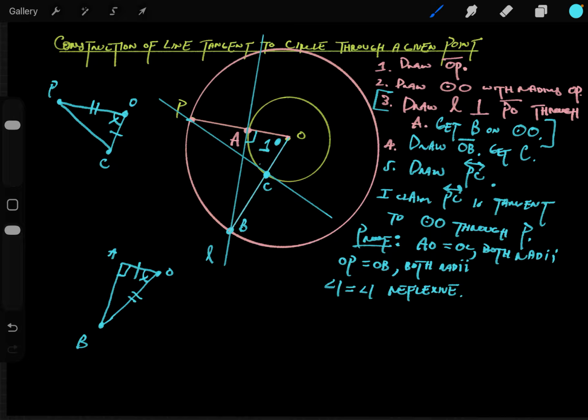So then by side angle side, and you want to put the order right, of course, triangle BOA is congruent to POC by side angle side.